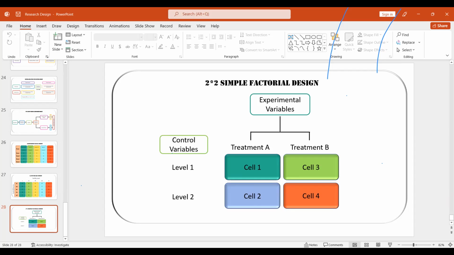For example, in your case, in a discipline like architecture, you can take a number of independent variables which can affect the behavior of the respondents, like positive and negative, or you may say narrow and open spaces, or lighting, like natural and artificial lighting.